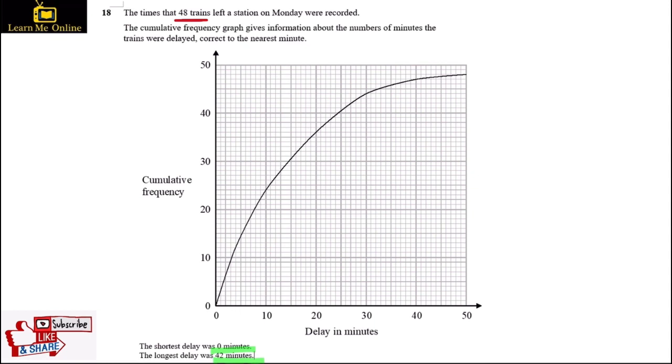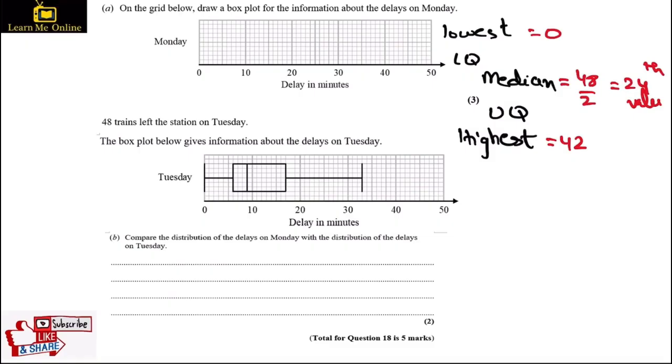We have 20 over here, then 21, 22, 23, 24. I'm going to make a straight line from 24, and clearly you can see that the line meets the graph here, and the value we get for it is 10. So the median value is going to be 10. I'm going to write it down here.